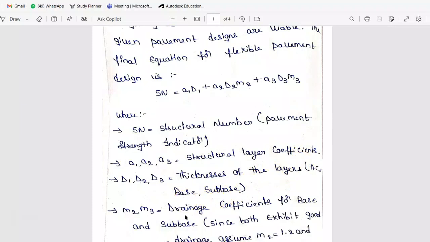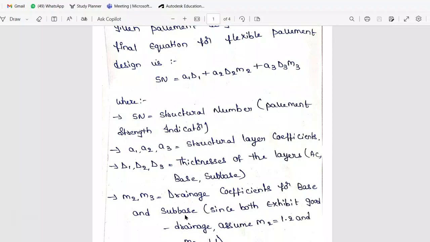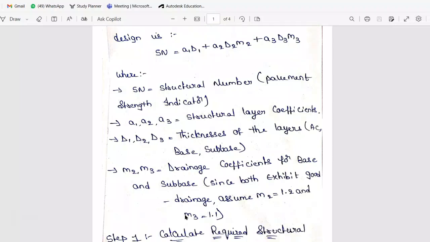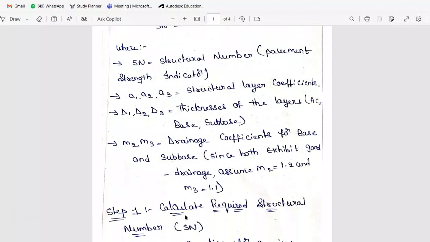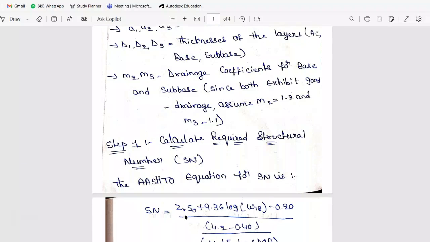M2 and M3 are the drainage coefficients for base and subbase. Since both exhibit good drainage, assume M2 equals 1.2 and M3 equals 1.1.